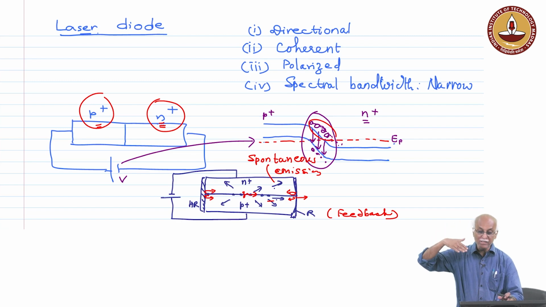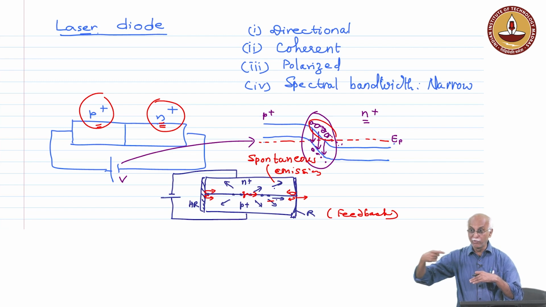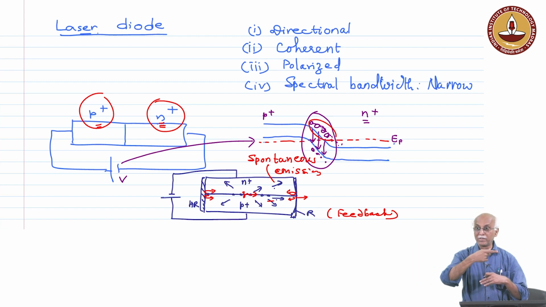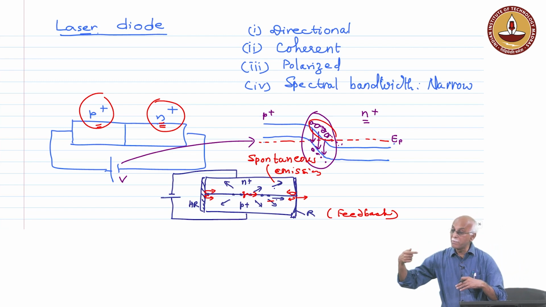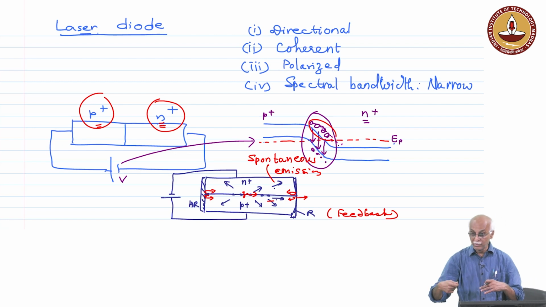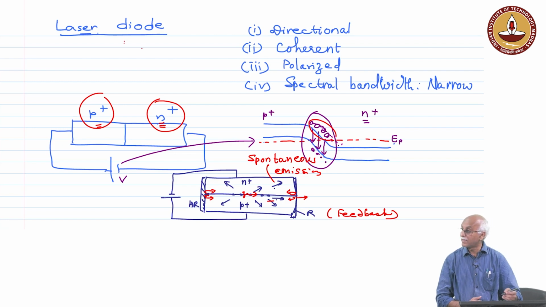Not atoms here, rather more electron and hole pairs, ready to emit photons, and in the meantime a photon comes and allows photons to be emitted along the same direction. So, the light emitting diode in this case acts as a laser diode.